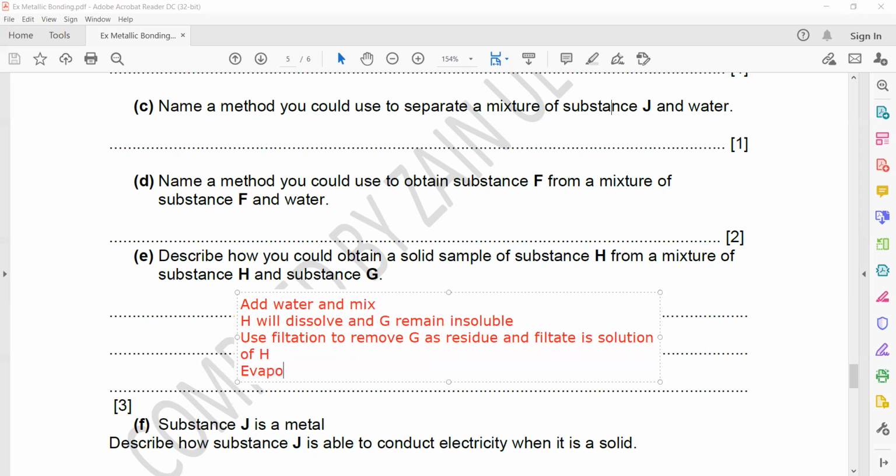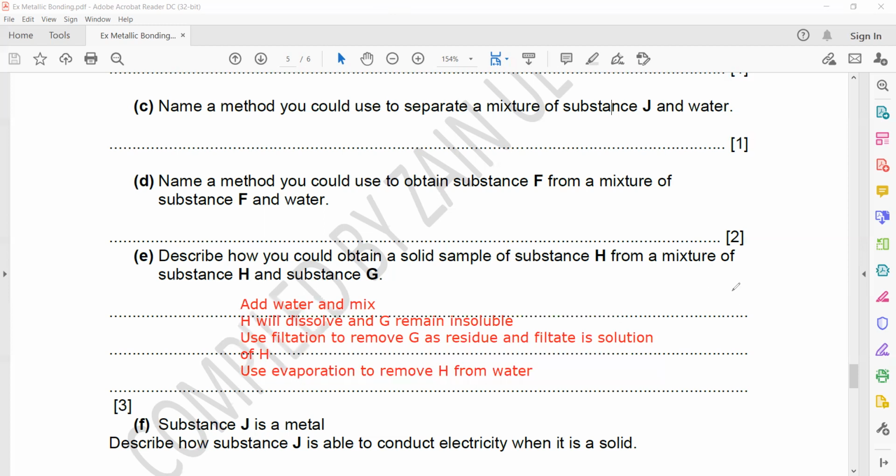You can mention use evaporation to remove H from water, because when we carry out evaporation, H will remain.